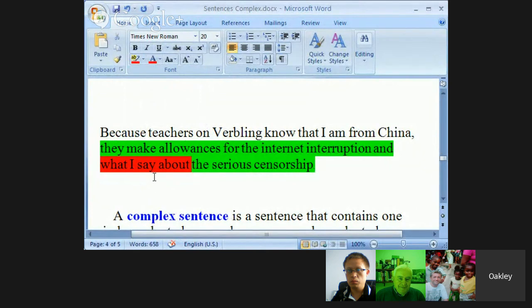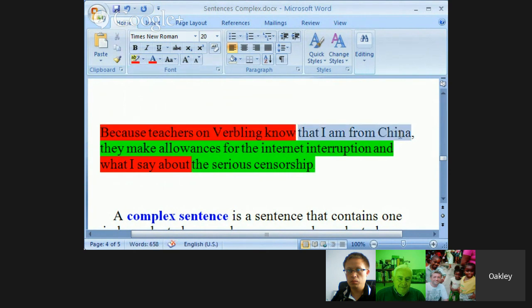You've got a dependent clause inside of an independent clause. Obviously, because teachers on Verbling. All right, there's another one, and then you got another one. So you got three dependent clauses going on with one interrupted independent clause. Is that correct?